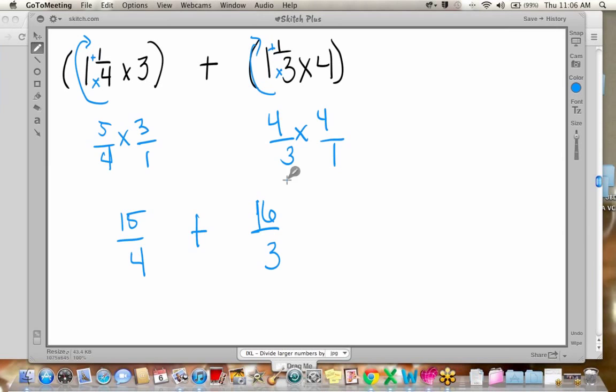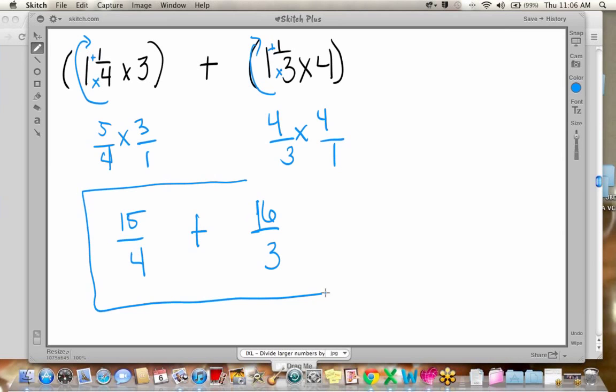So now I'm to the process of adding fractions. So this is the step I'm on. I cannot add these two fractions until they have a common denominator. Can anybody think of a factor that can work for both a 4 and a 3?